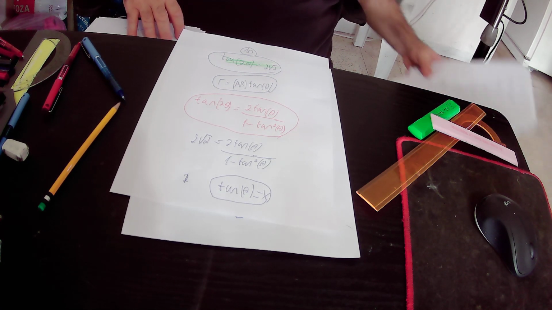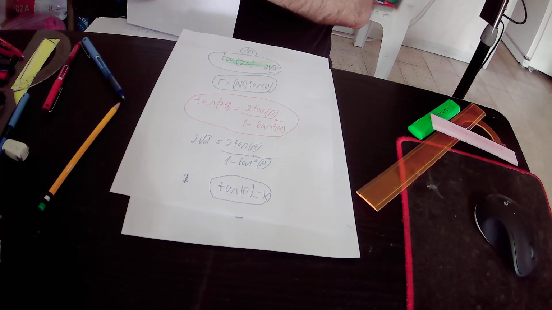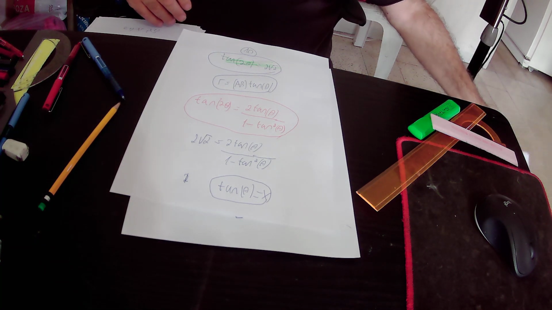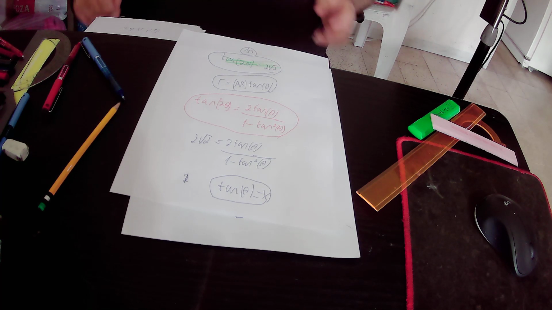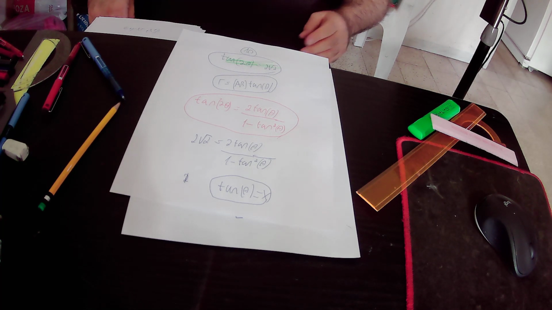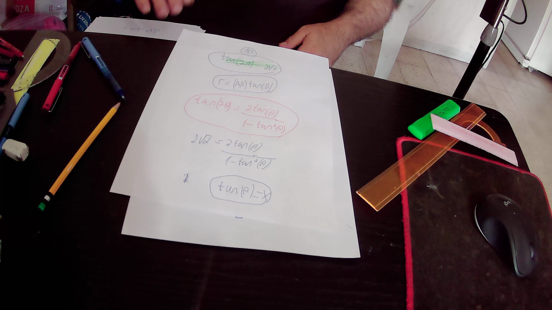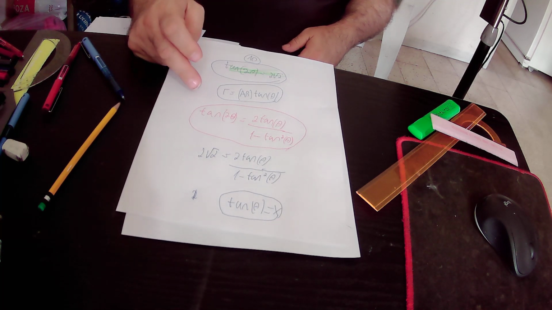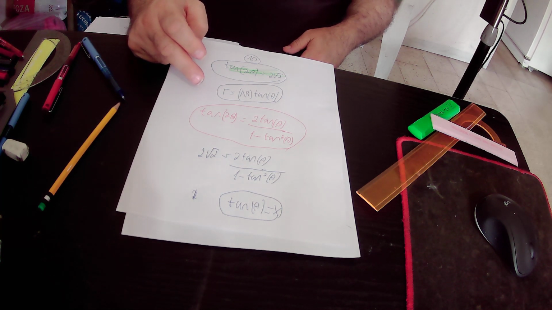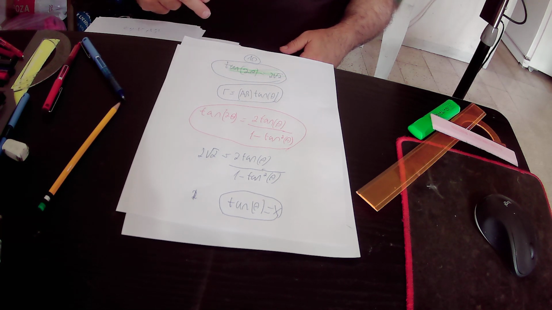And we know that the radius of the small circle equals AB times tangent theta. So in order to find the value of tangent theta, I presented to you a new trigonometric identity: tangent 2 theta equals 2 tangent theta over 1 minus tangent square theta. We substituted tangent 2 theta by 2 times root 2, and we defined tangent theta as x.